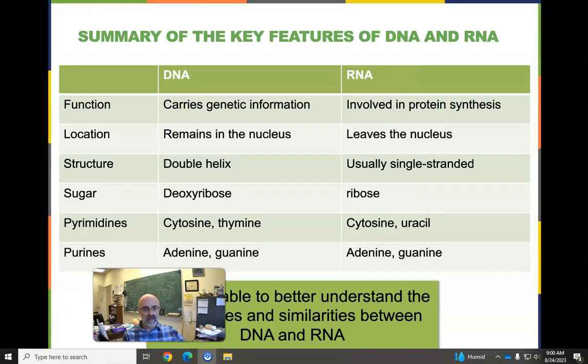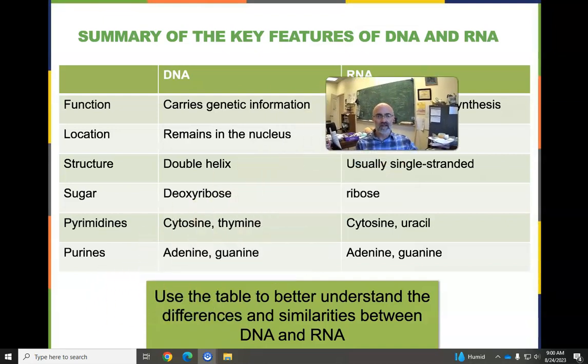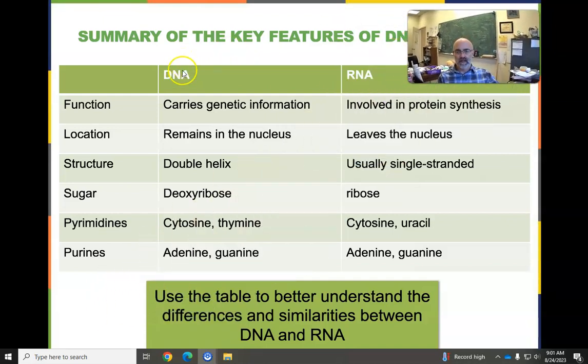Okay, a very good table to know. I don't have a place to put it in here. It's a summary of the key features of DNA and RNA. So you'll want to know this table. You'll want to know the difference between them. DNA carries the information. RNA helps us to use that information to make the protein. DNA is found in the nucleus.